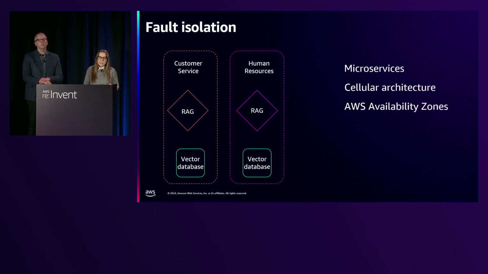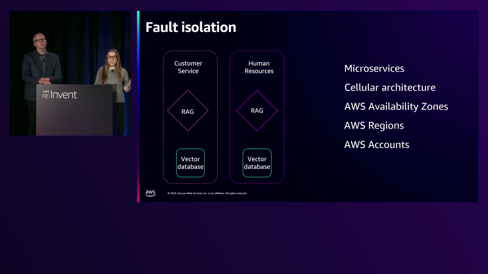We can do this utilizing different AWS availability zones, ensuring that an impairment in one zone doesn't affect the entire system. We can spread it across multiple AWS regions, providing even greater geographic isolation and resilience. We can even separate workloads into different AWS accounts, such as dev, staging, and production, preventing issues from one environment affecting all the others.